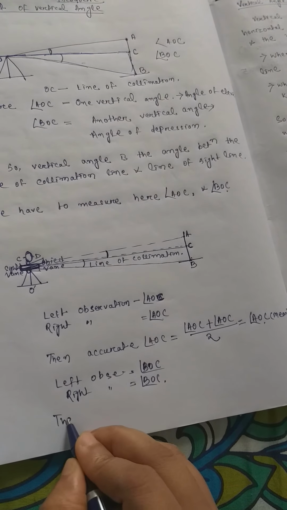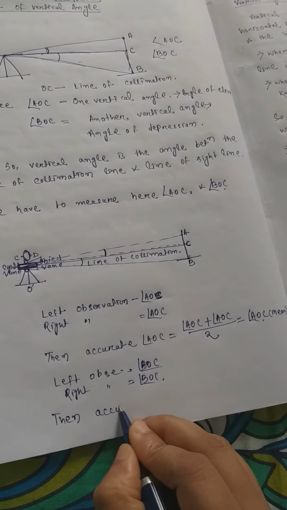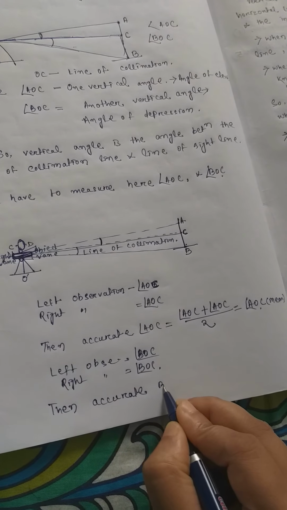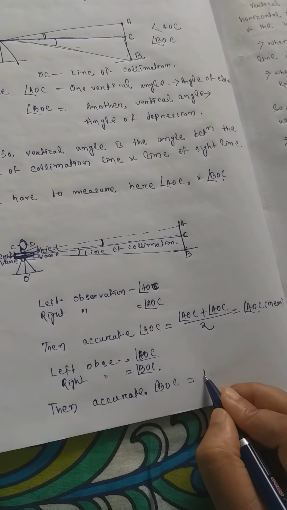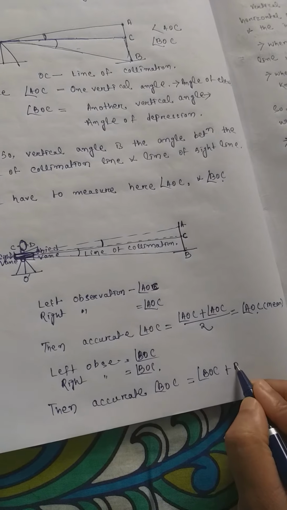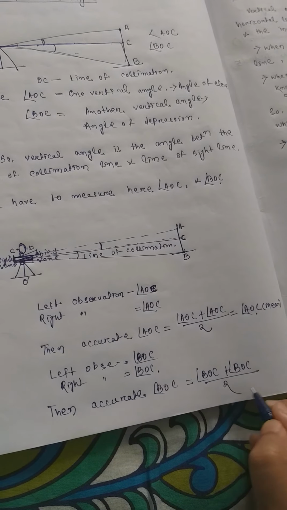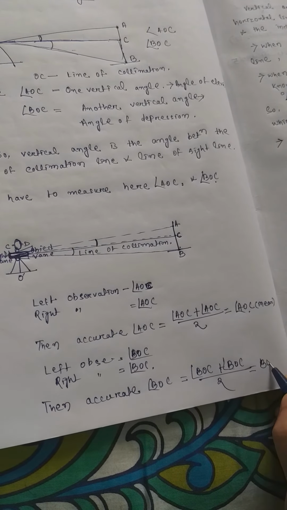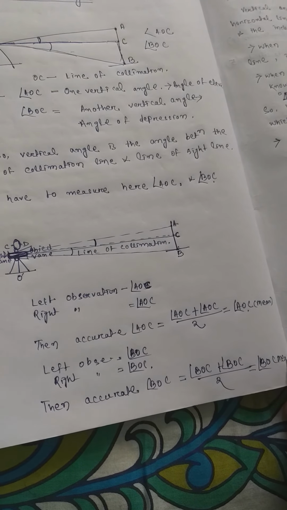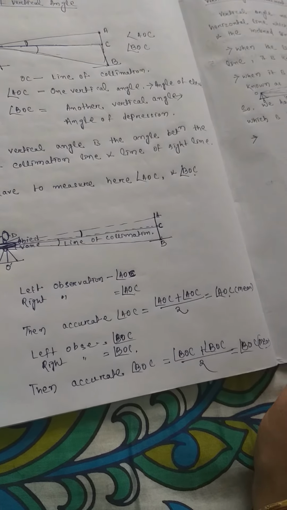Then the accurate BOC will be the first observation BOC plus the second observation BOC divided by 2. Then we get the mean of BOC.